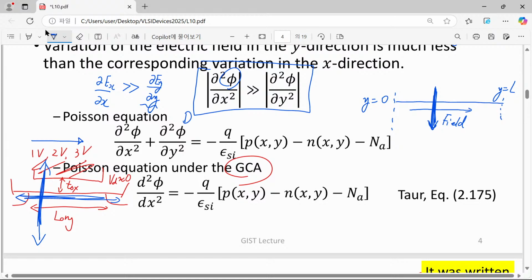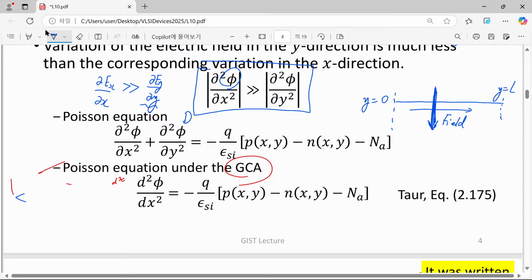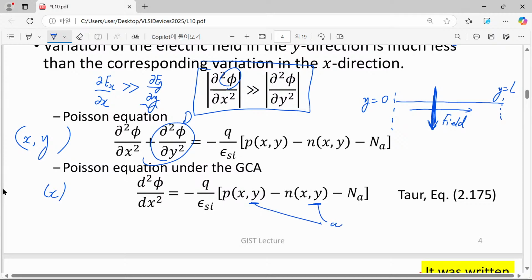However, please note that from the viewpoint of this Poisson equation, the great motivation for adopting this gradual channel approximation is that now our two-dimensional partial differential equation in x and y can be simply written as an ordinary differential equation with respect to x. Now this y, the channel position, can be used simply as a parameter. At a given position, we can just consider the vertical structure.